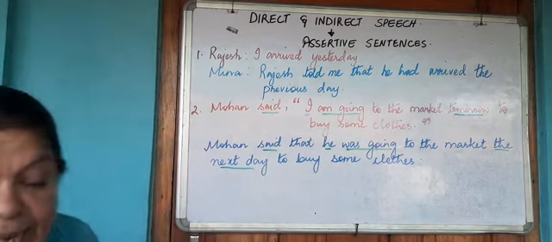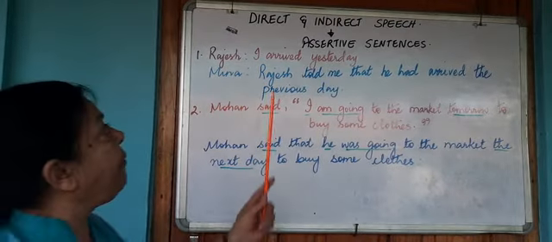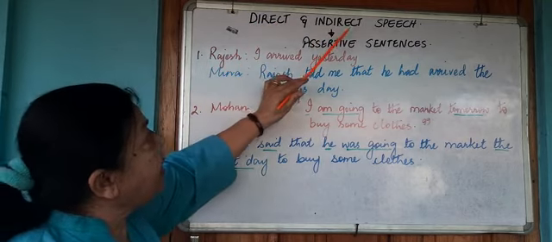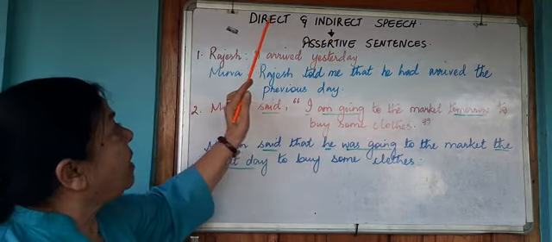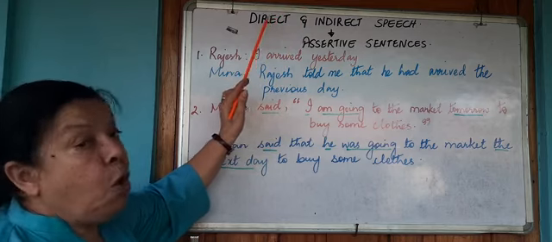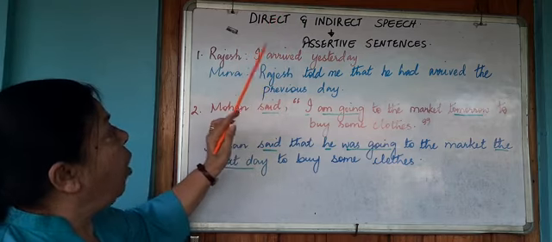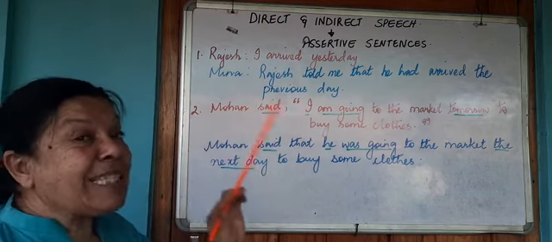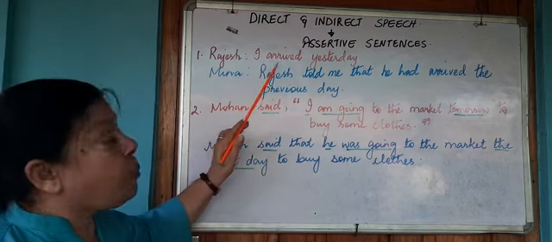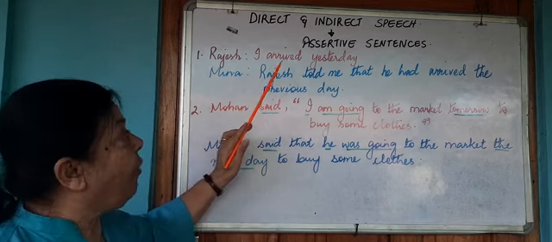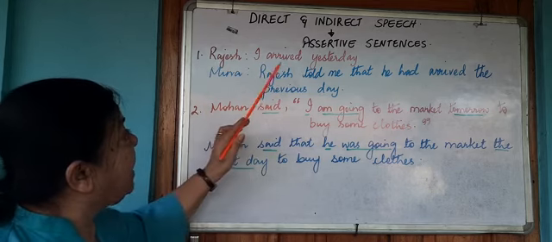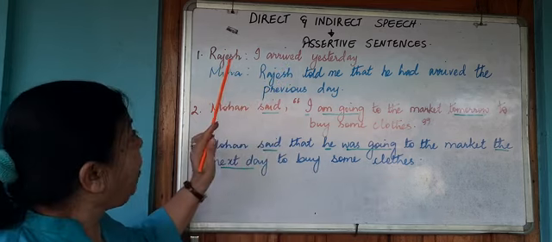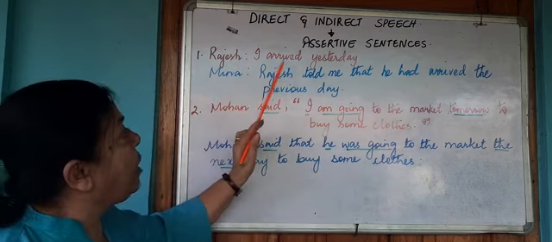Now, when we have the direct speech, what is the direct speech? What is the indirect speech? The direct speech is used when we quote, or write, or state the exact words of the speaker. We don't make any changes over here. What the speaker is saying, we write or repeat those words, then we say that we are using the direct speech.